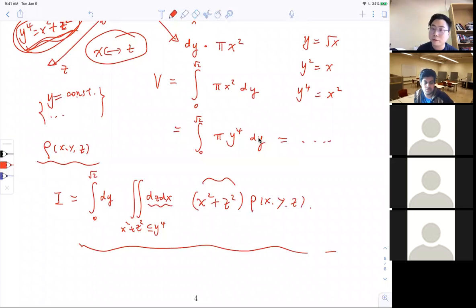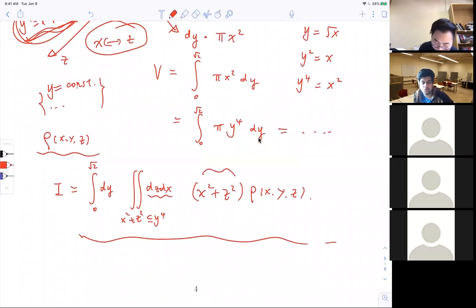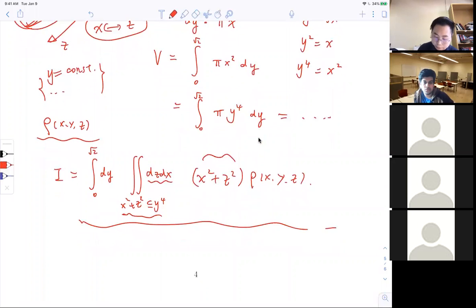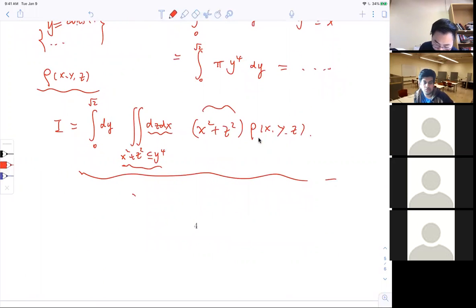Of course, like what you said, we can definitely use the cylindrical coordinate because this is a disk. For a disk, we can always say x equal to r cosine theta.